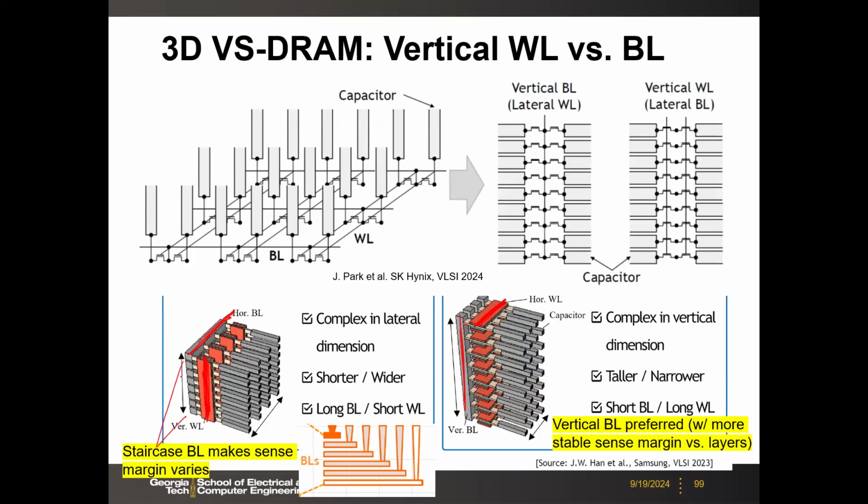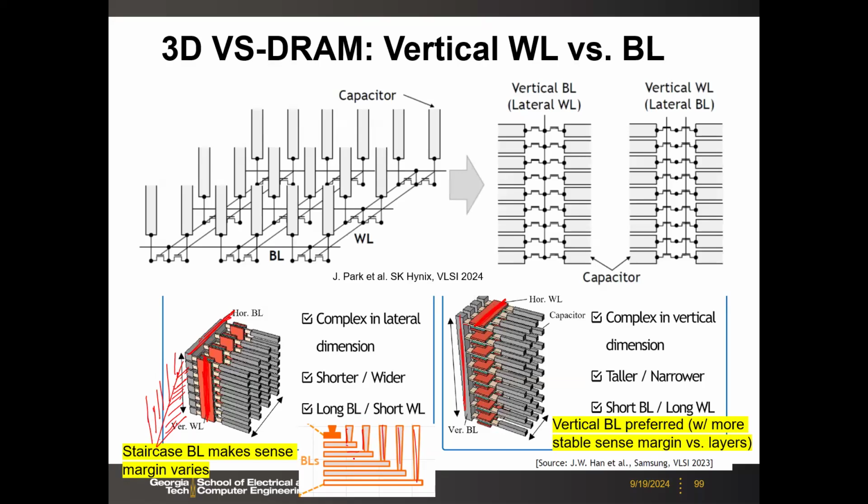You need to have some extension region for the bit line, for different layers. You need to have a staircase region to make a connection to the bit line. So if you look at the extension, it will be like this. The bit lines we need to extend for different layers. You need to extend by different lengths, and then you make the contact via. So you can access individual bit lines at a different layer.